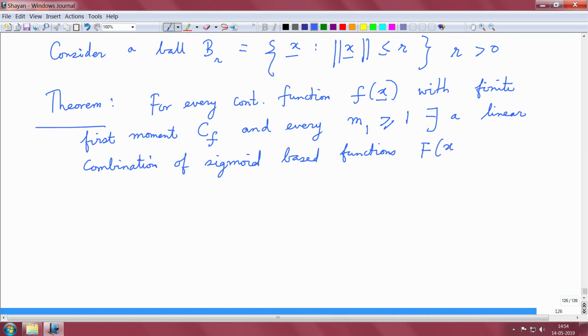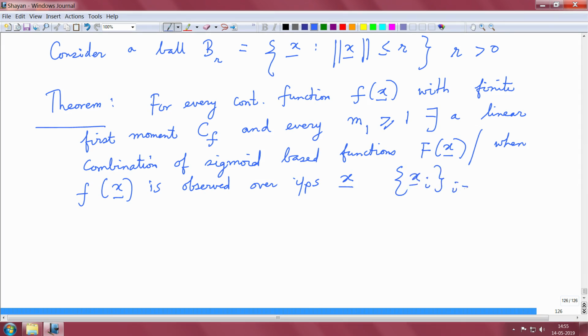These are our approximating functions capital F of x, such that when f of x, which is the true function, is observed over these inputs x, right, you will have these exemplars xi, i equals 1 to n, restricted to this ball b suffix r.